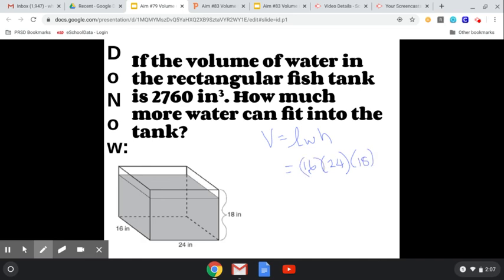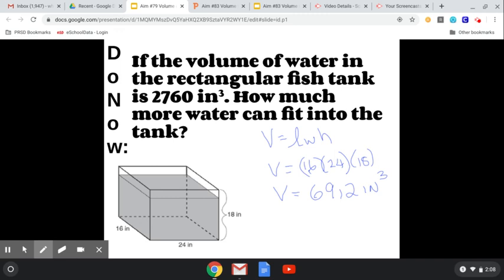Now I'm going to go ahead and get my calculator out, find out what that volume comes out to be. 16 times 24 times 18 is 6,912 inches cubed. Does that seem right? 16 times 24 times 18.